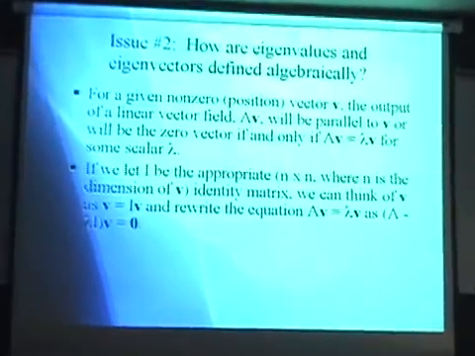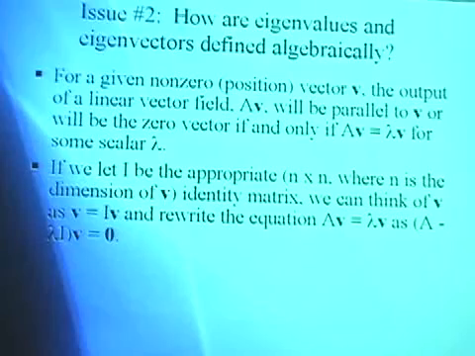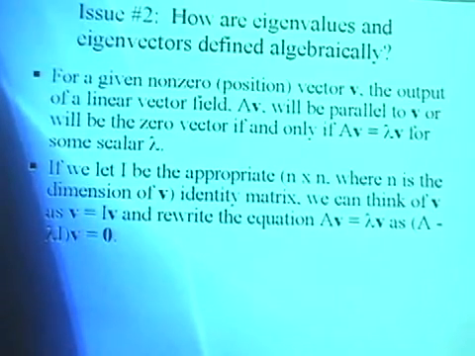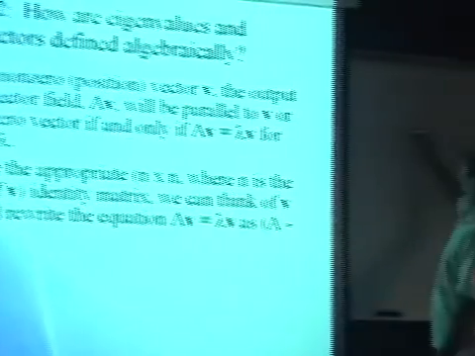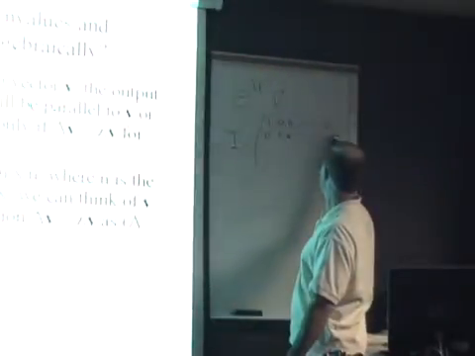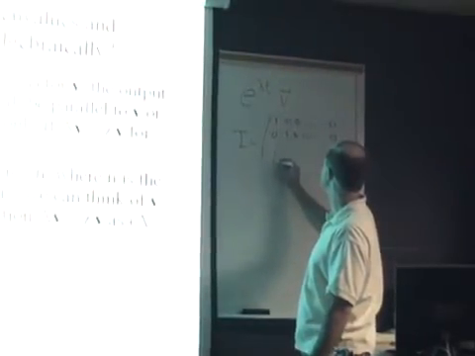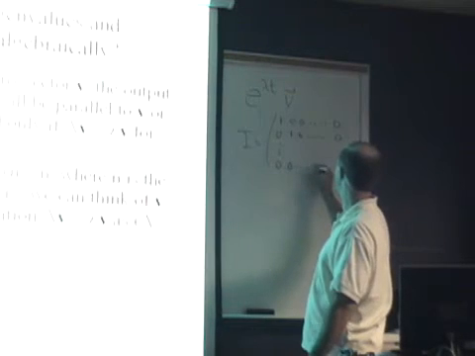If we let I be the appropriate identity matrix, if v is n-dimensional and A is n by n, then I will have to be an n by n matrix, n rows and n columns. The arbitrary n by n identity matrix is usually written with this kind of picture. We have to use dot, dot, dots because we're not specifying exactly what n is.